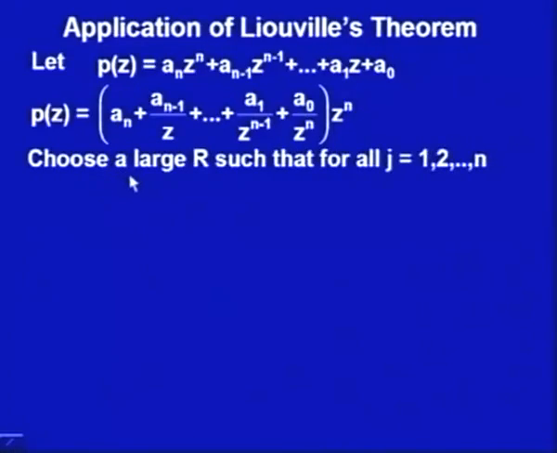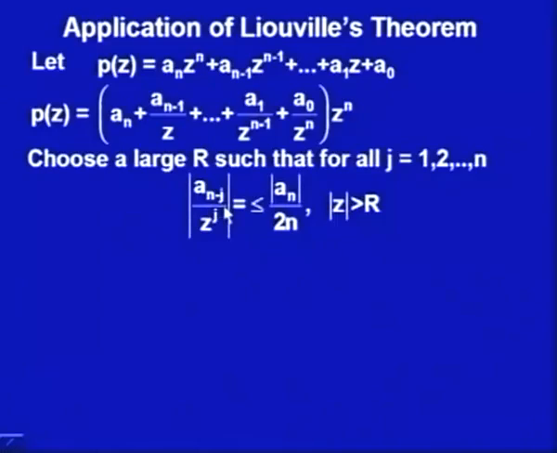Now, I would like to choose a large r such that for all j, a_{n-j} upon z^j, you see here what I am getting is a_{n-1} upon z, a_{n-2} upon z squared and so on, is bounded by the absolute value of a_n upon 2n, for all z lying outside the circle with radius r.